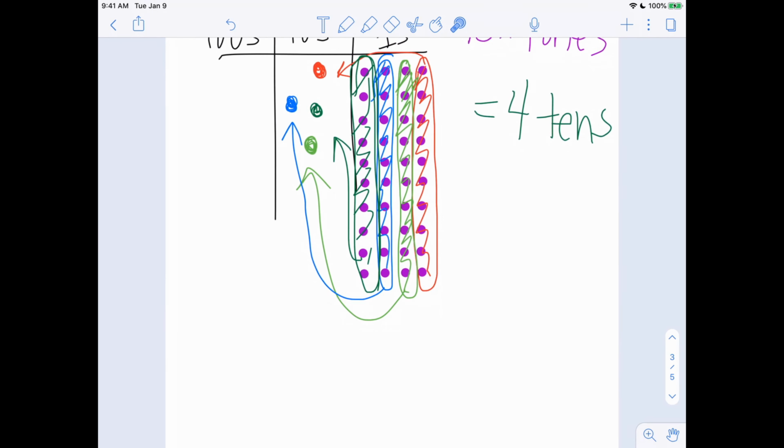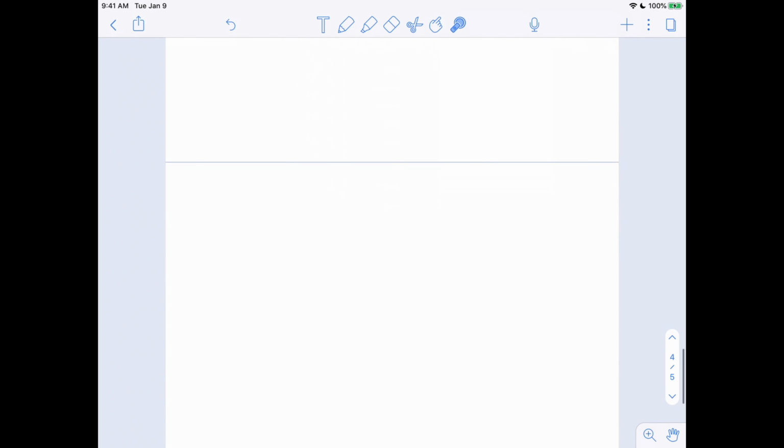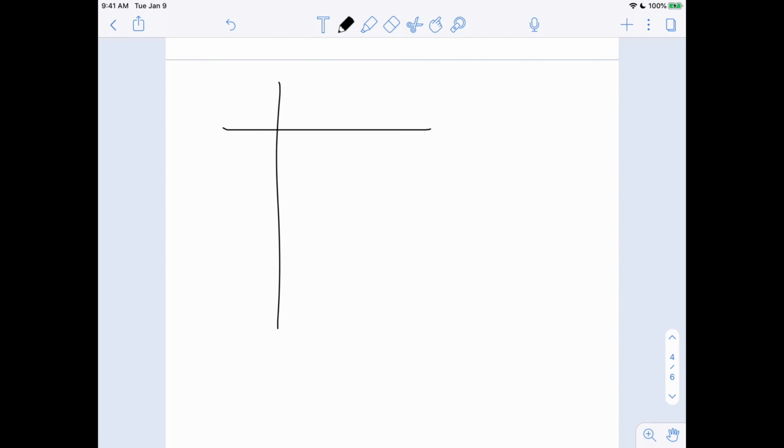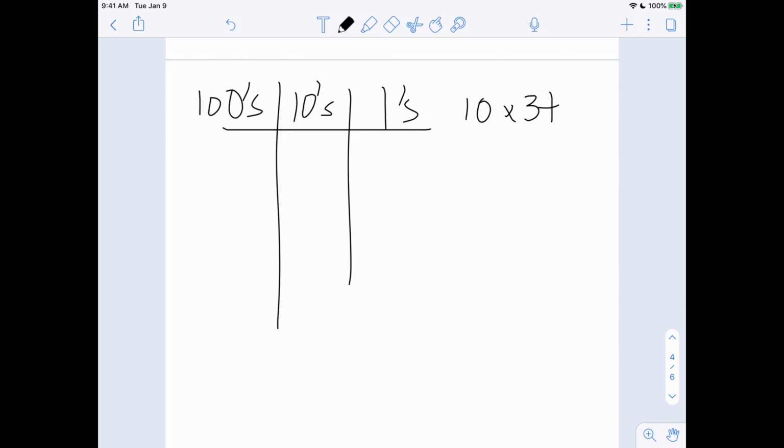If we were going to do one last one real quick, because it looks like I have about a minute, I'm going to go fast. So if I have ones, tens, hundreds, let's do 10 copies of 3 tens. What does that mean?